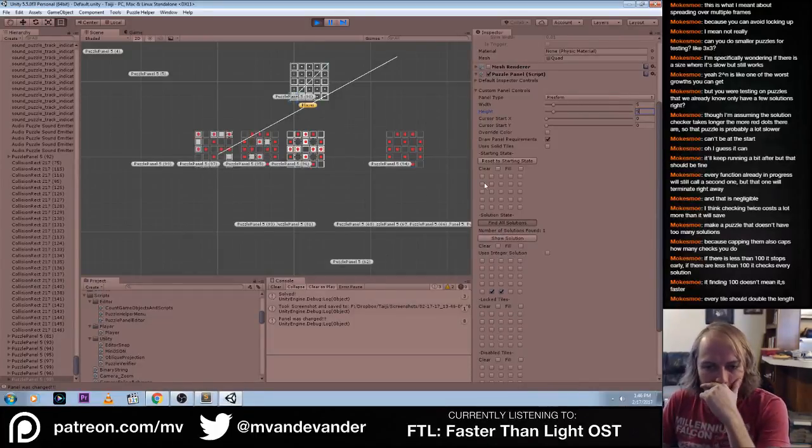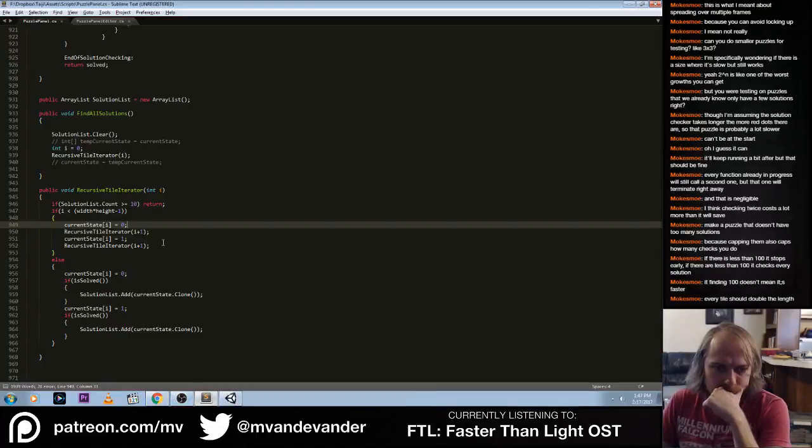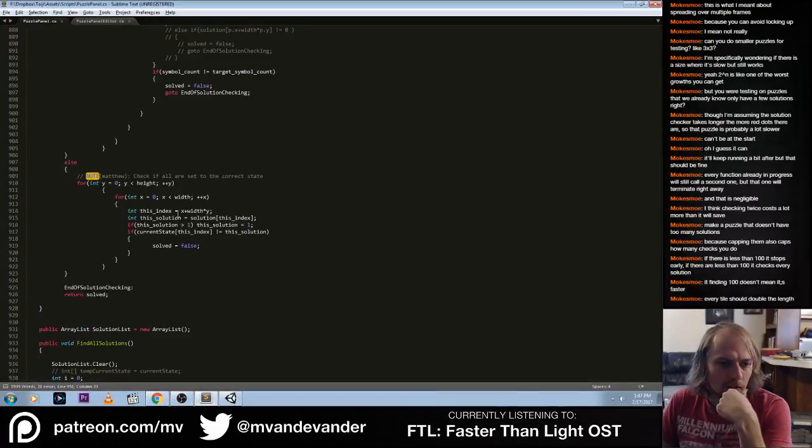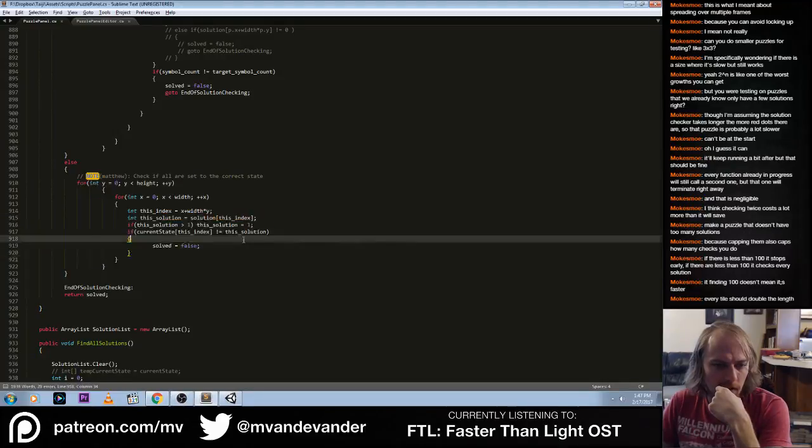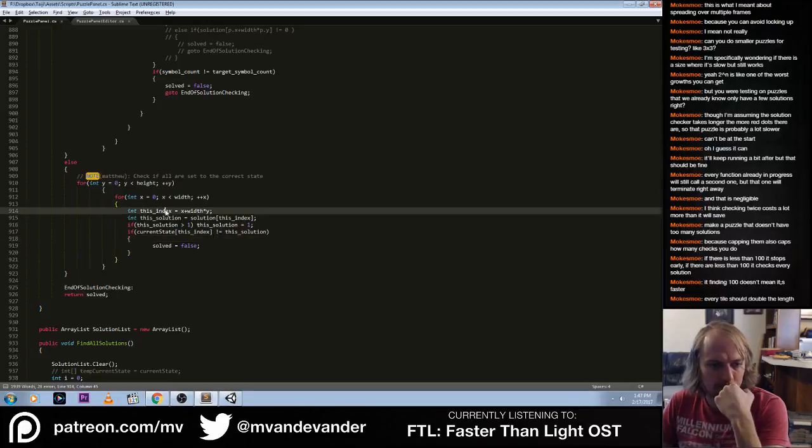Even when all it's doing is just comparing. All it's doing is just a straight compare to make sure that these are the same, right? That's all this is doing, just going through and checking to see, are the states of them the same?